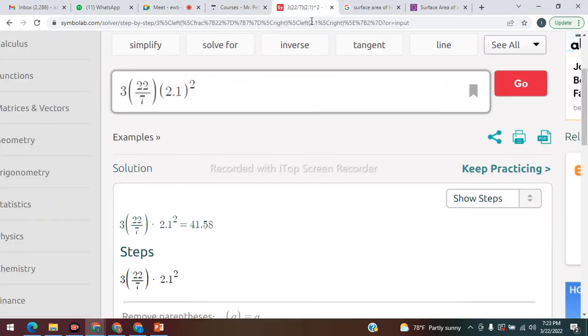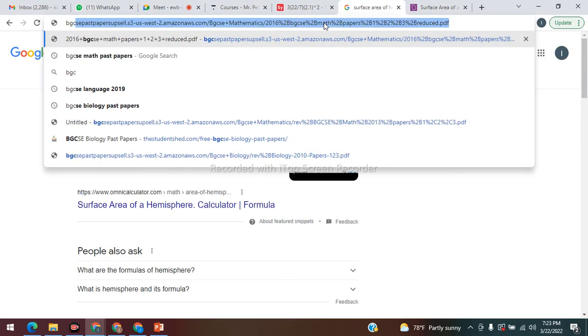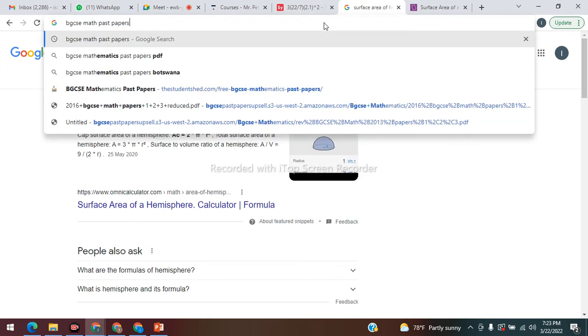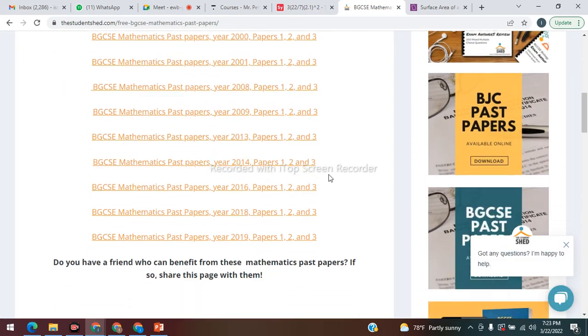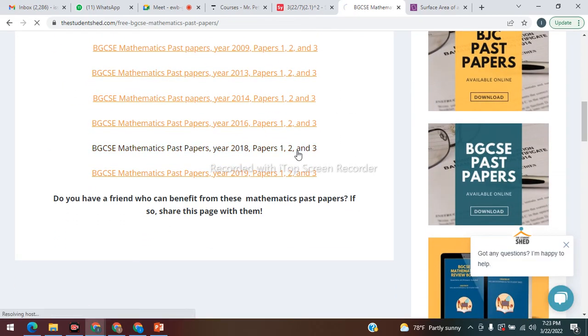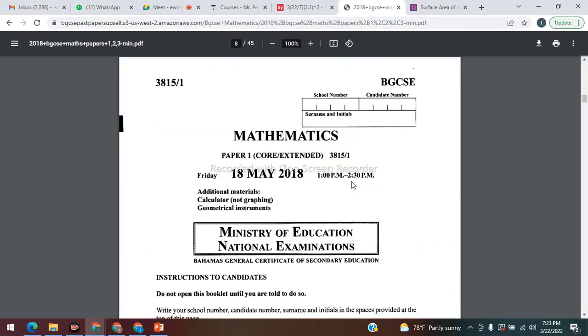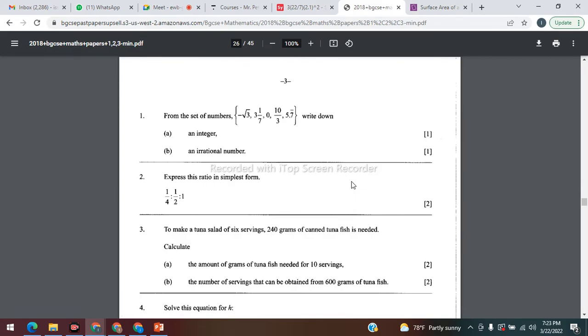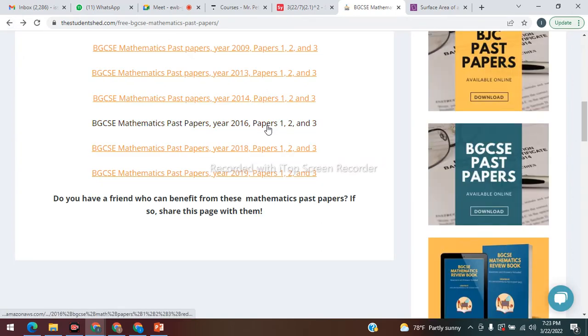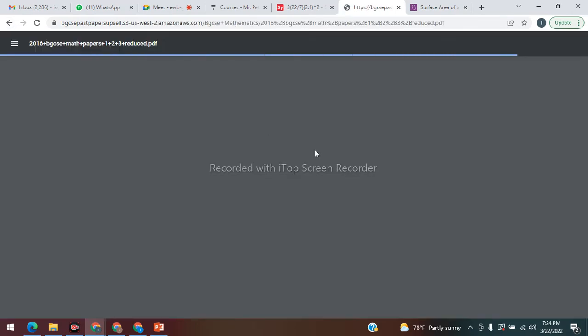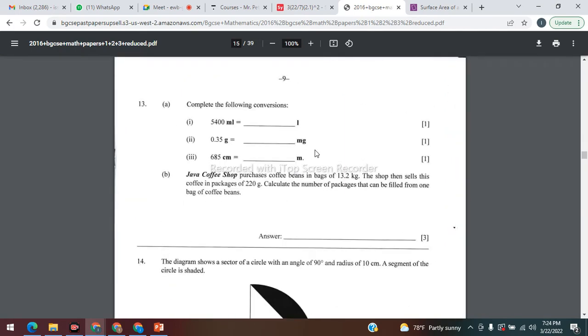This is the BGCSE 2019 March paper. I'm trying to find a graph of the function, but the graph that they have doesn't look good. I don't even like this one either. I think the 2016 one is nice. Yeah, this is good. It's better than the rest, in my opinion.